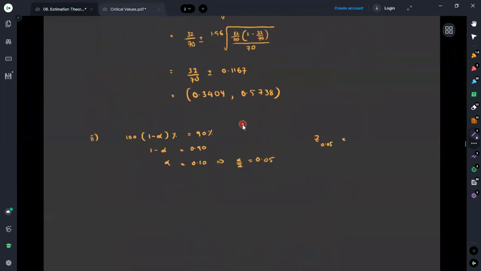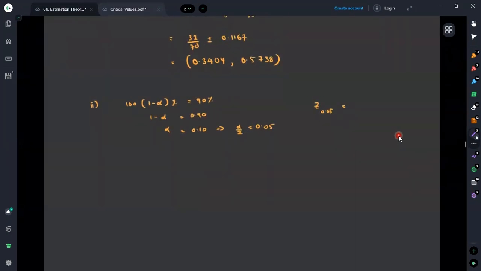Then we can see it is given as 0.05. It is now equal to 1.65. Then we can perform the calculation to obtain the 90% confidence interval for population proportion.